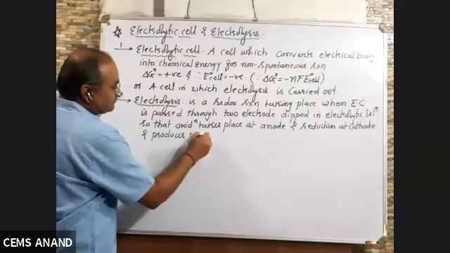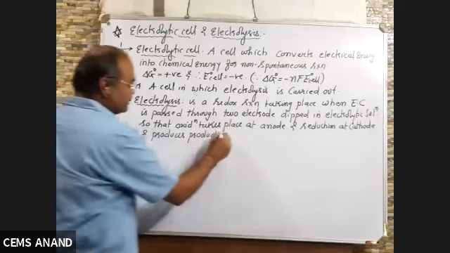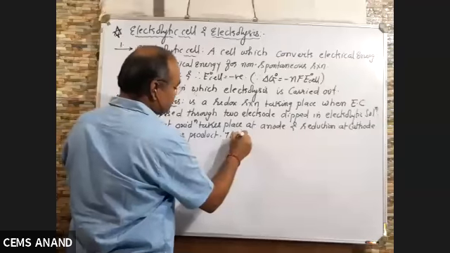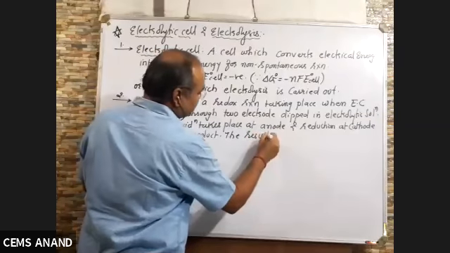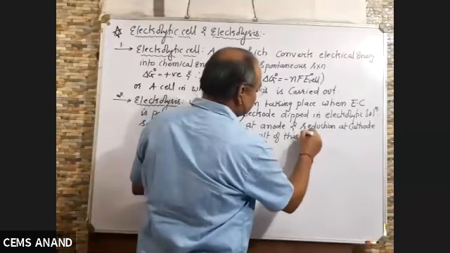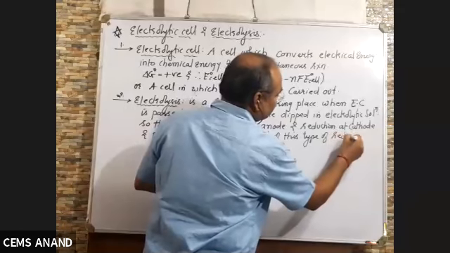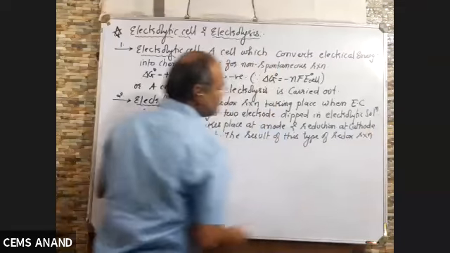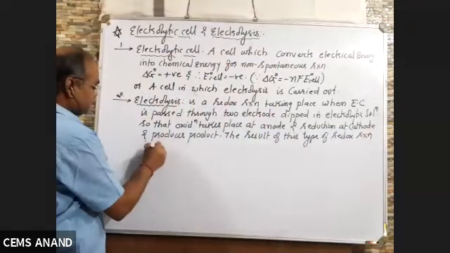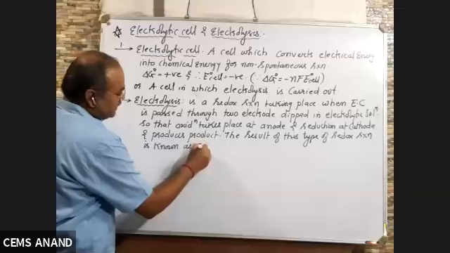Or you can say, and liberates product. The result of this type of redox reaction is known as electrolysis.